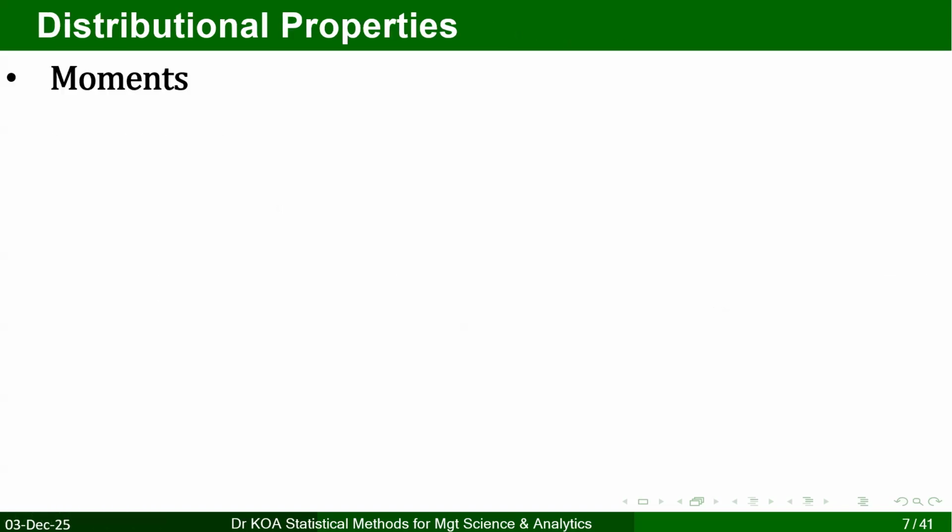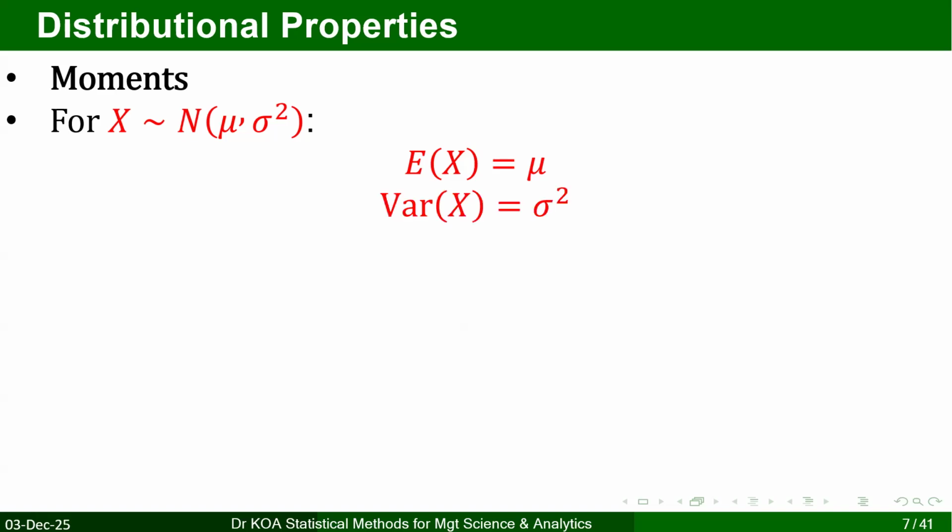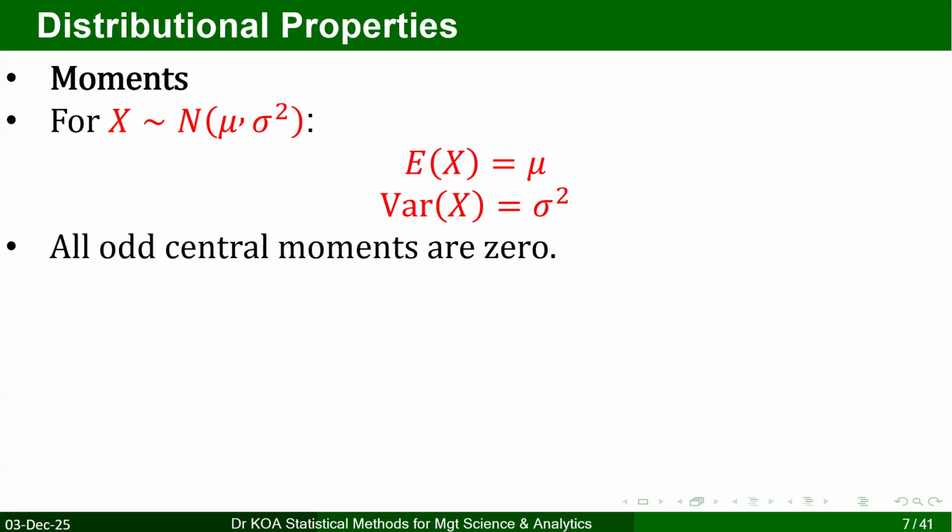Before we go there, understand that there are other properties of the normal distribution. One of them is moment. The moment we've already said defines the mean and the variance. So X is normally distributed with a mean of mu and a variance of sigma squared. The expected value is mu, and then the variance is sigma squared. Those are the moments.